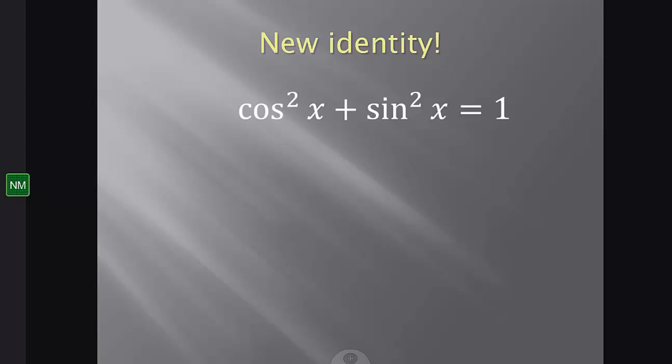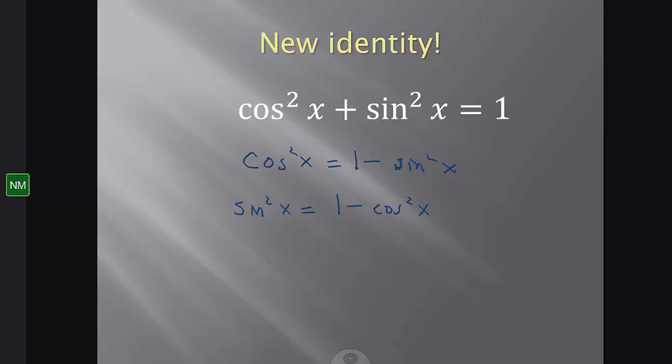Just because it's written this way doesn't mean that's the only substitution we could make. We could think of this identity as really having 3 forms, one isolated for each of the 3 pieces. The first one obviously is cosine squared x plus sine squared x equals 1. We could also think of it as cosine squared x equals 1 minus sine squared x. Or if I prefer, I could isolate sine squared x: sine squared x equals 1 minus cosine squared x.